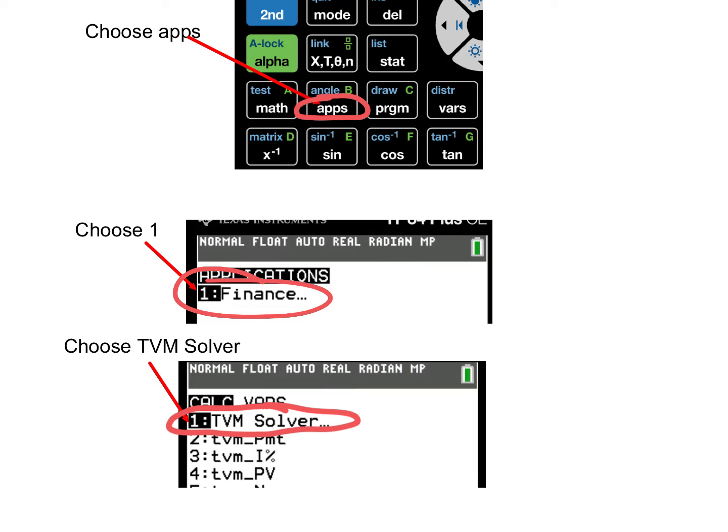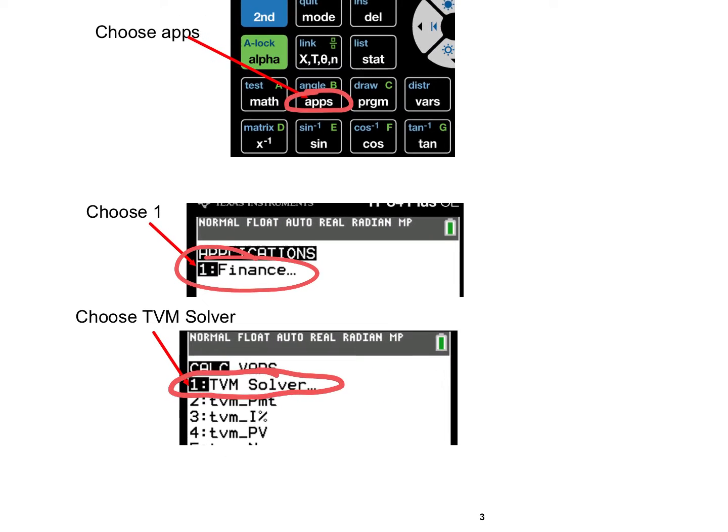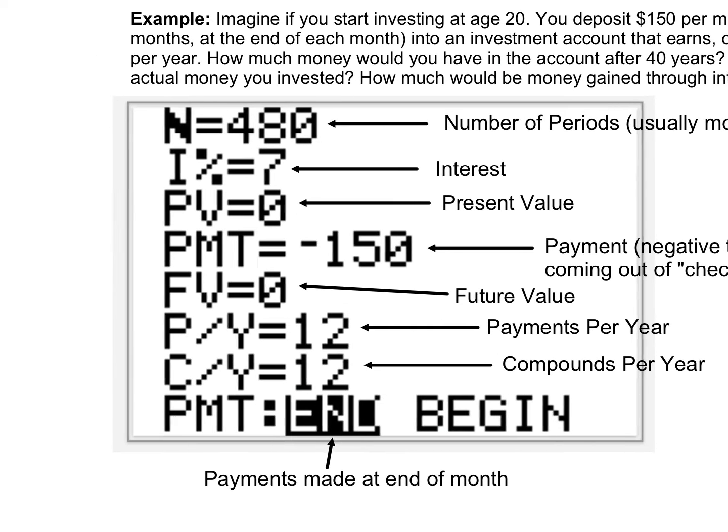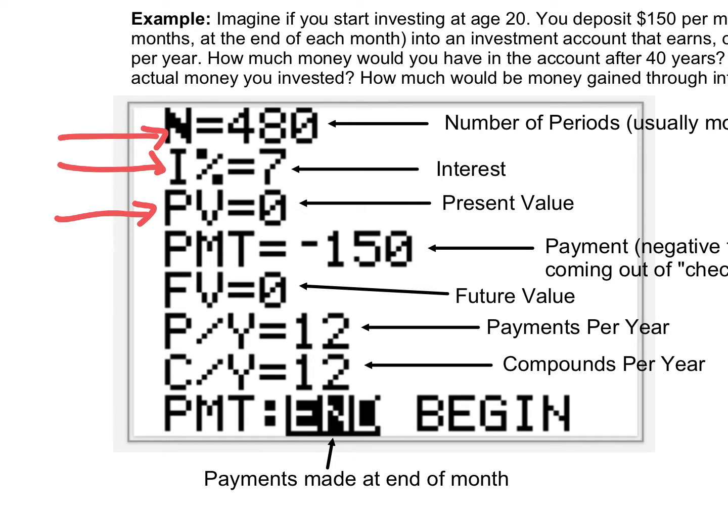So, all right, now that you're in that app, here's how to use it. Do you see the N and the I and the PV and the PMT? We need to know what all of these things are. Okay? So just to make sure, would you start copying what you see here?